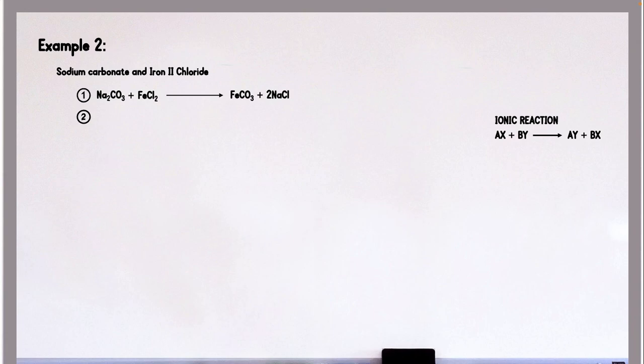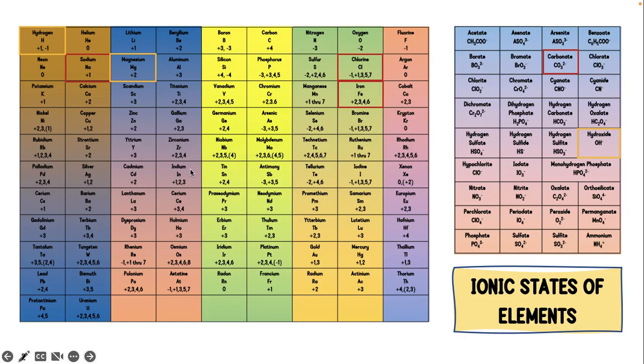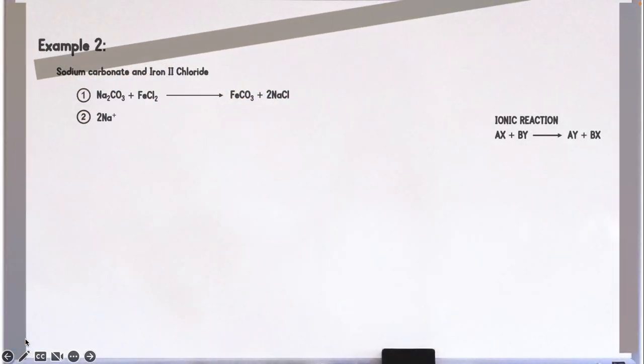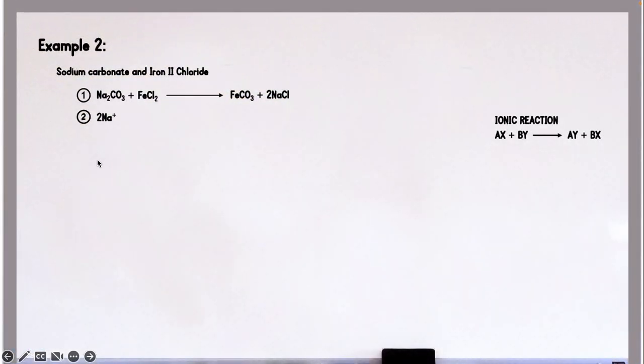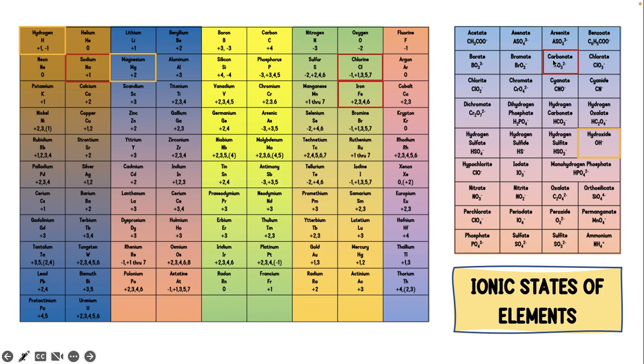Now step 2 is to find their ions. We have sodium, that's +1. Then we have carbonate, which is 2 minus.